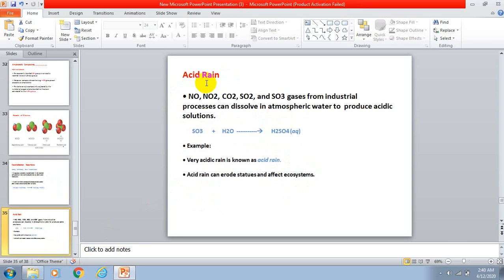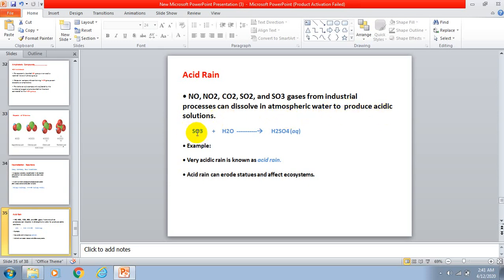Acid rains. Now this is the most destructive one. It can kill the stones. Acid rains, remember. NO, NO2, CO2, SO2 and SO3 gases from industrial processes can dissolve in atmospheric water to produce acidic solutions.